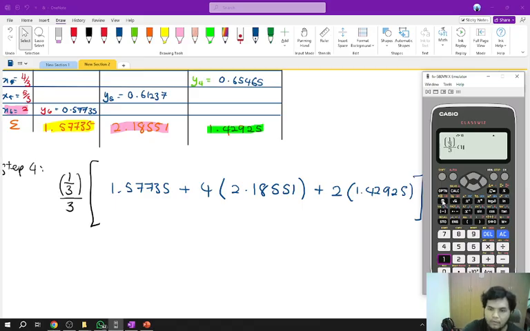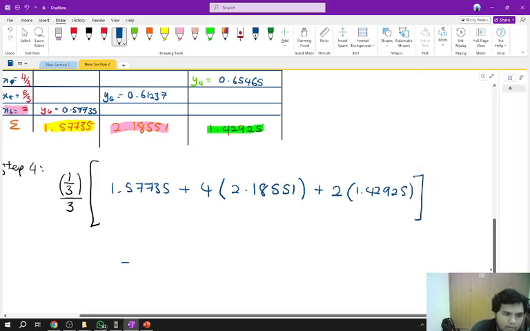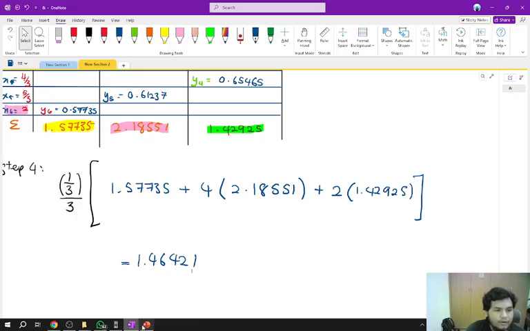So bracket of 1.57735 plus 4 times 2.18551, bracket, plus 2 times 1.42925, bracket again. Okay, so make sure all brackets have their partner. So equal, and the answer is 1.46421. Okay.